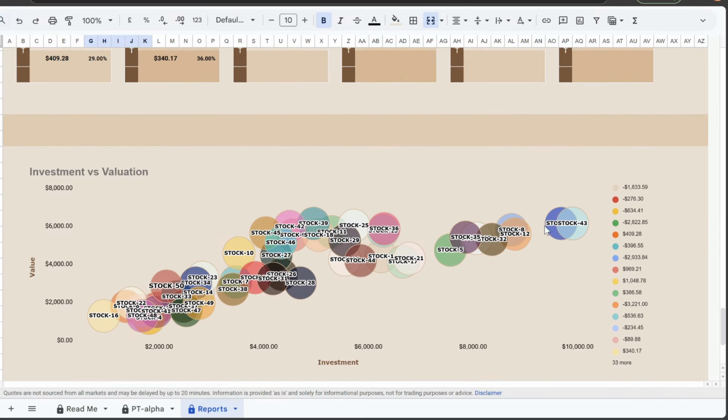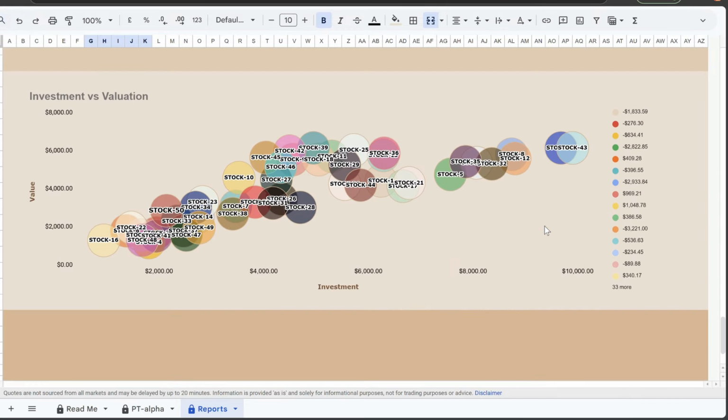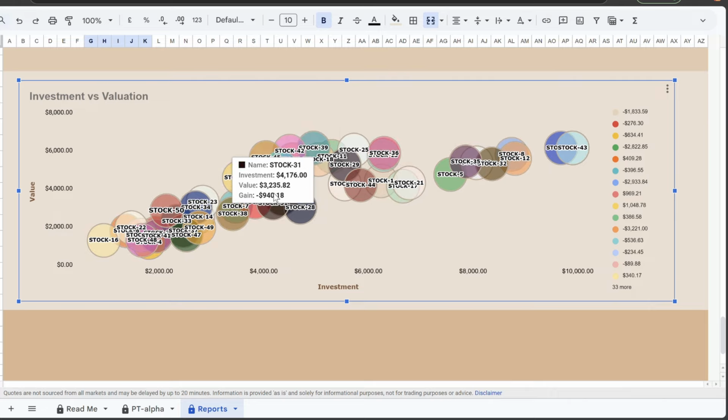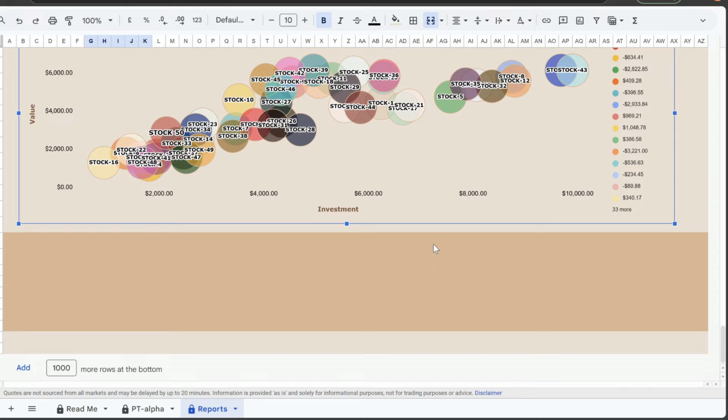Bubble chart is all jumbled up. As stated earlier, we want the majority of our bubbles to be on the top left side, which indicates high valuation with low investment. This concludes the video of Portfolio Tracker. Goodbye and happy investing.